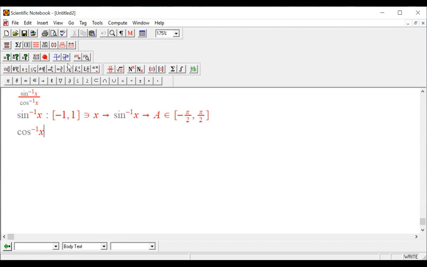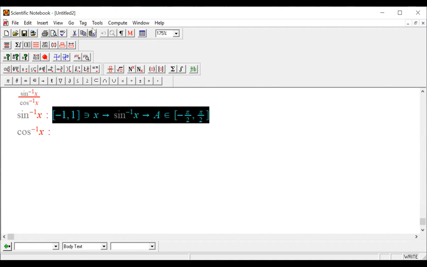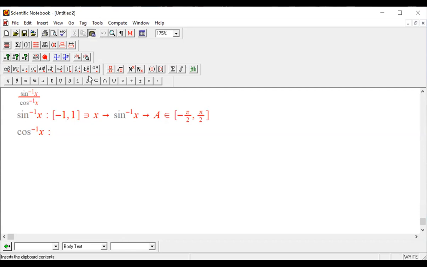Arccosine has the same domain, but the angles produced are between 0 and pi.